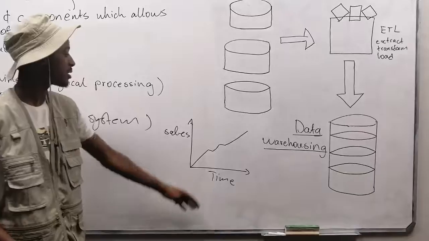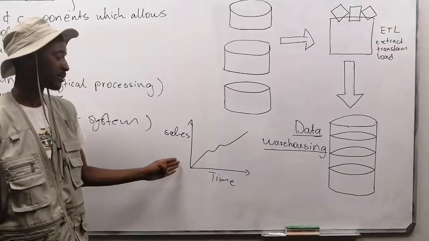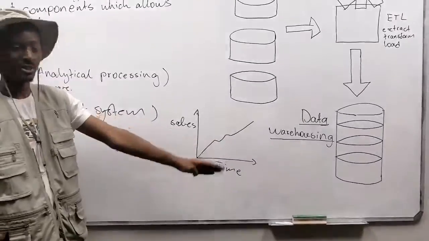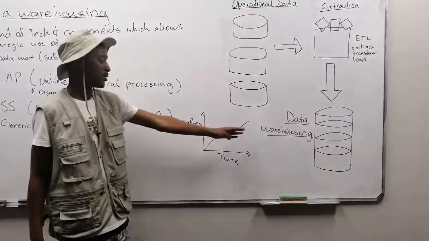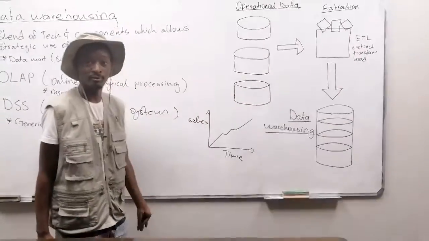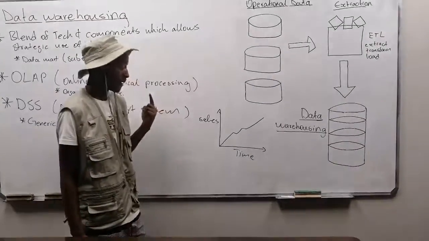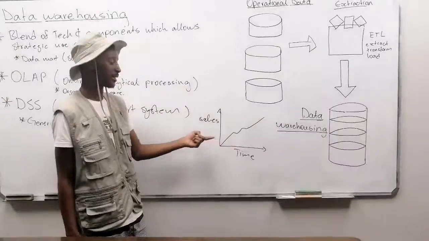So you can see what this basically says is that obviously your sales may increase over time. I hope now it makes sense. If your sales increase over time, you'll be able to get this type of information from your OLAP, your online analytical processing tool. You're able to get that from there.